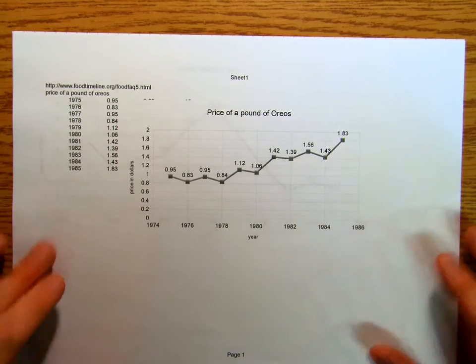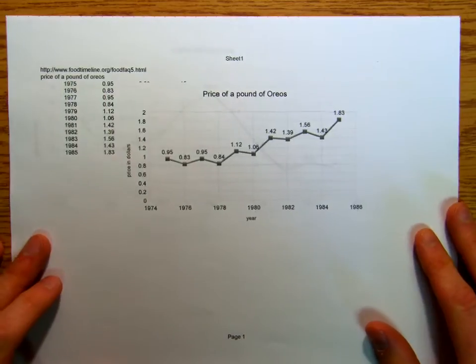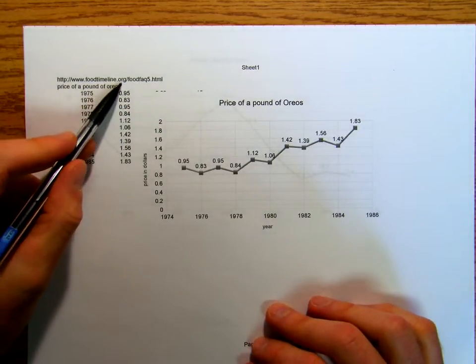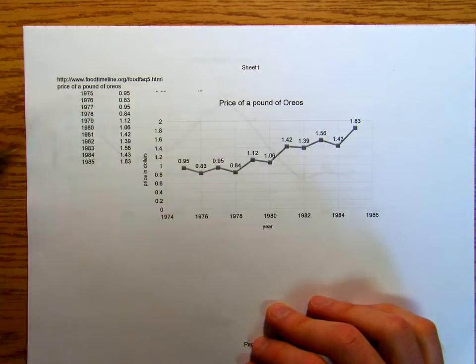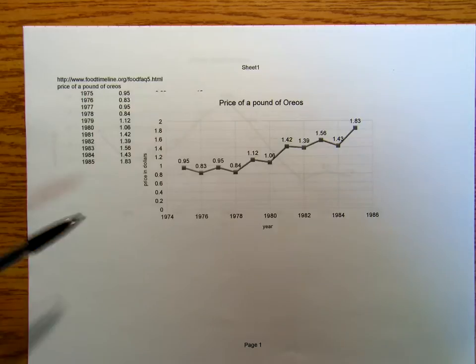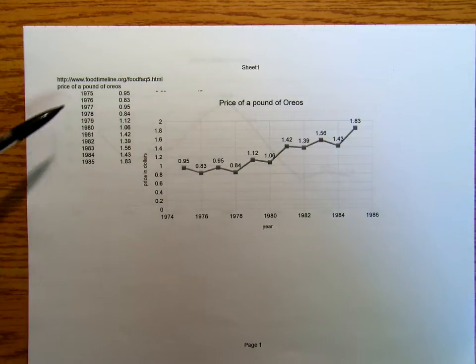To start off, I went to www.foodtimeline.org, foodfact5.html. Somewhere in there, somebody had done research and found the price of a pound of Oreos.